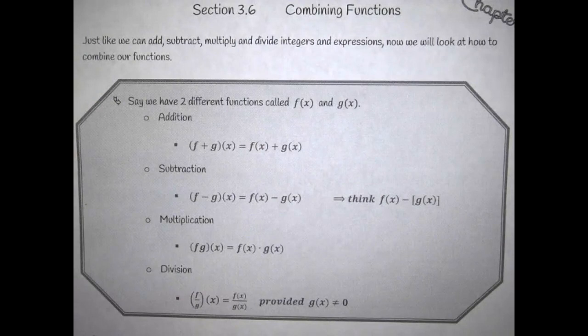The only difference is here you're going to have combinations, because you're going to be multiplying, dividing, adding, or subtracting one expression onto another. So you have to pay very close attention to what your sign is so that you know exactly what you're doing.